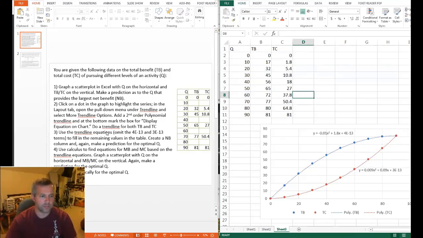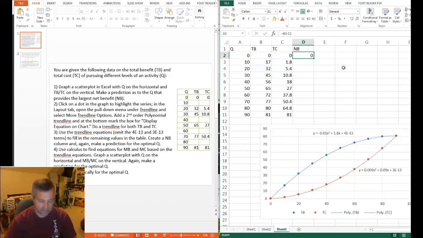Okay, so use the trend line equations. We did that. Create a net benefit column. So net benefit is the total benefit minus the total cost. And I think I'd mentioned this before. I could go in and retype that formula every single time.